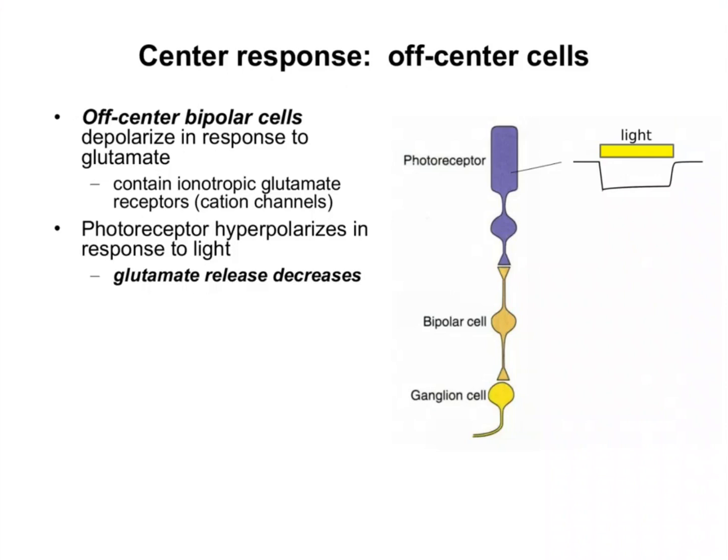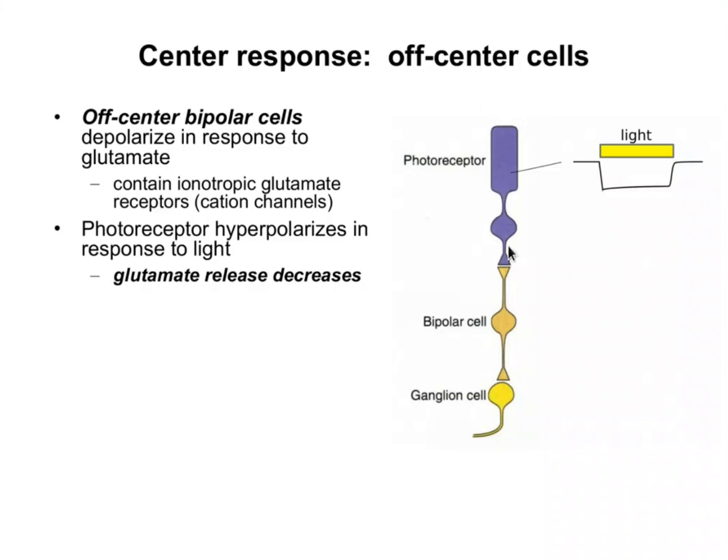So off-center bipolar cells contain either AMPA or kainate type ionotropic glutamate receptors. These are glutamate receptors that form a cation channel, so glutamate stimulation of the glutamate receptors on off-center bipolar cells causes depolarization.